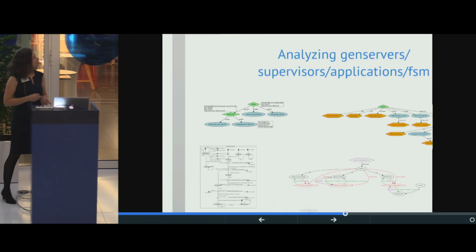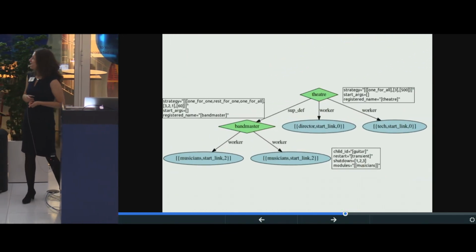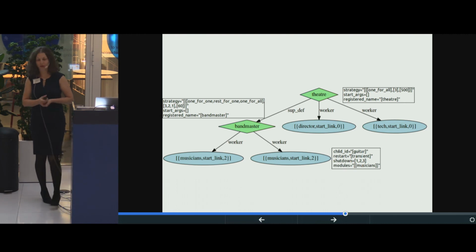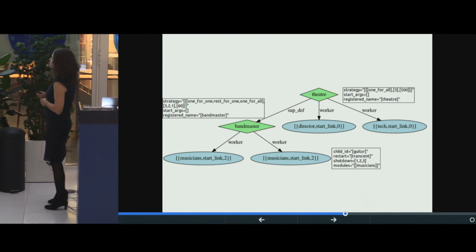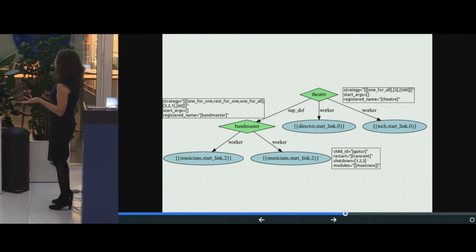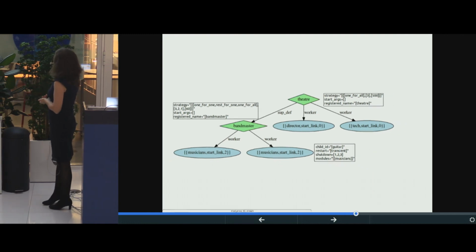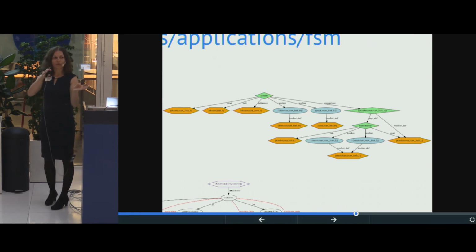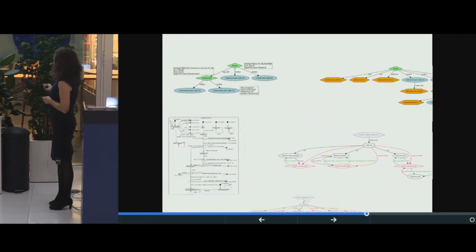So, for example, you may have some supervisors implemented in your code, and then we can analyze and try to draw some graphs showing what these supervisors and what the workers are. There is always a compact view that is just the basic structure, and there is a detailed view as well.